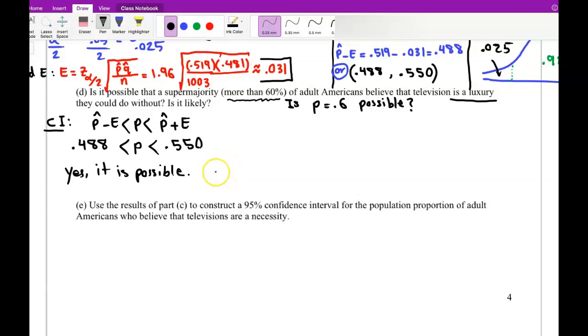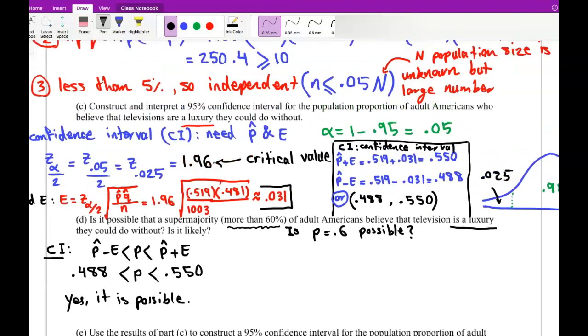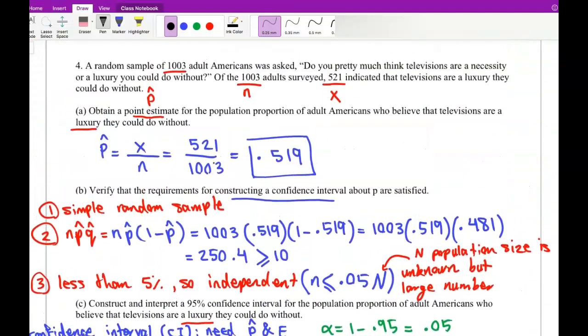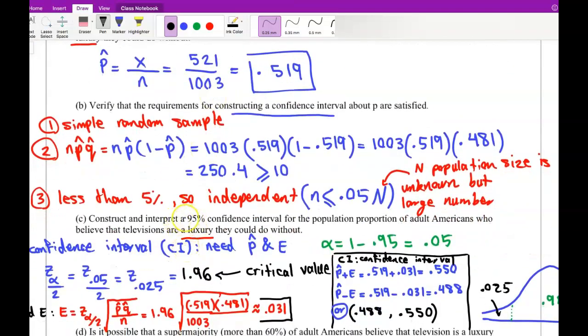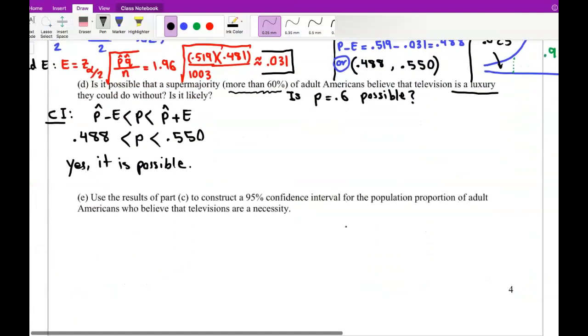So that is possible because we are close to 100% confidence. See, on top, here in part C, I have a 95% confidence interval for the population proportion.